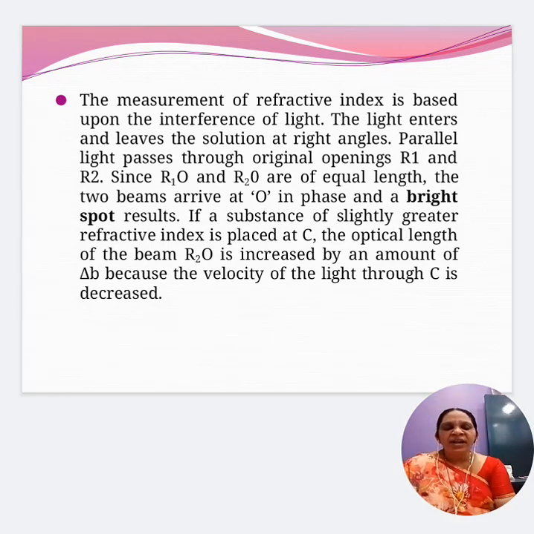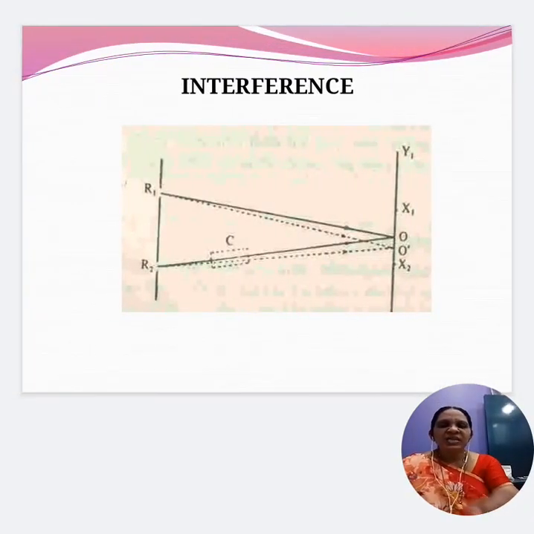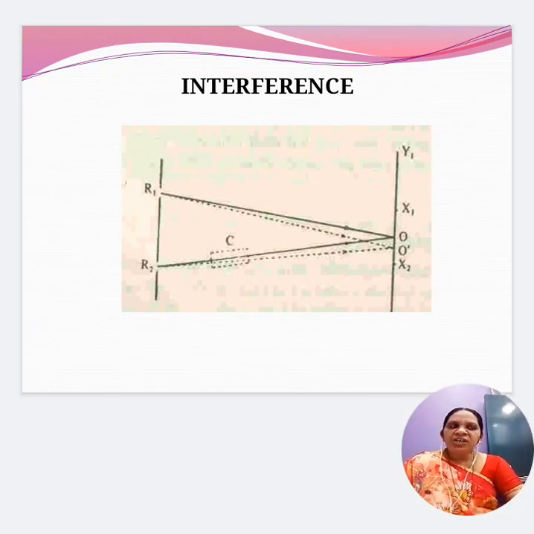Since R1O and R2O are of equal length, the two beams arrive at the point O in phase.